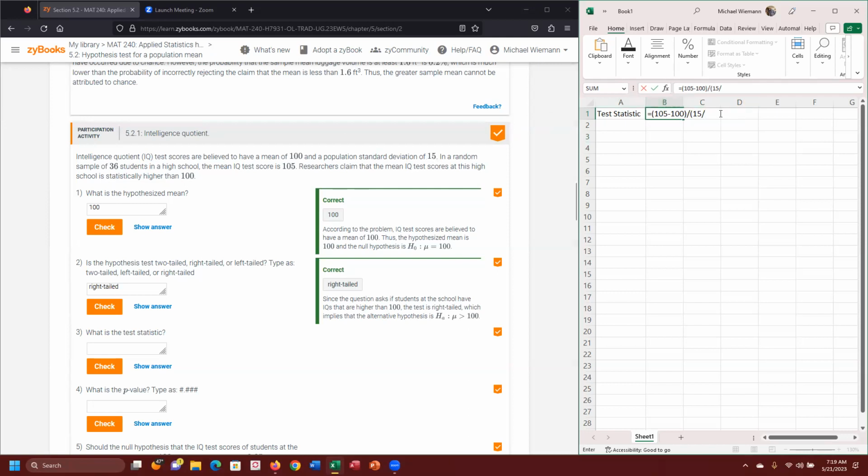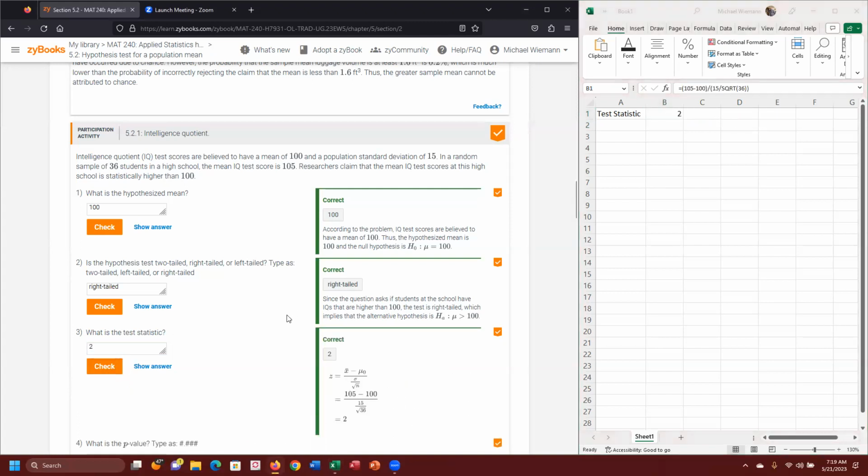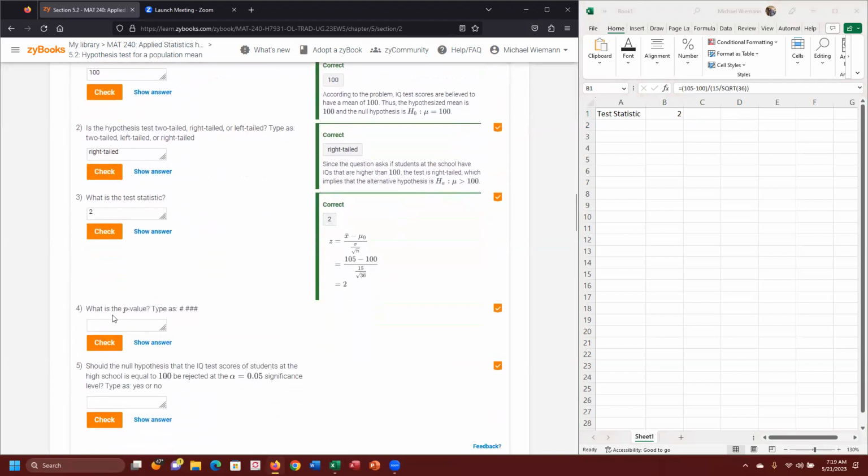It is 36. I have to apply the square root, which we've talked about in the previous zyBook assignments. The SQRT represents square root of 36. Close the parenthesis twice. And you'll notice we come up with the test statistic as 2. So we're going to do a 2 there, check it. And we've got our correct answer.